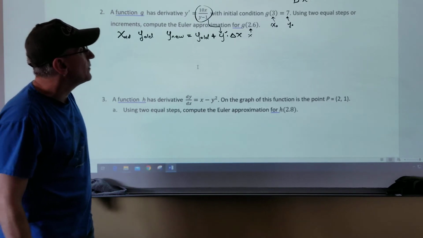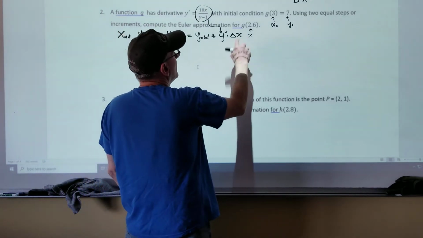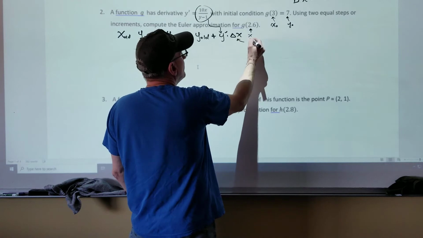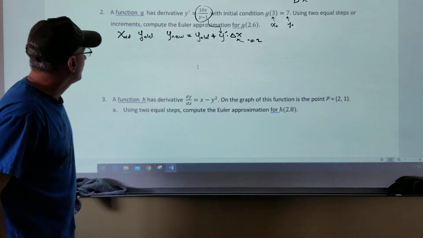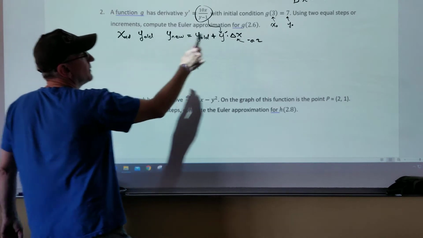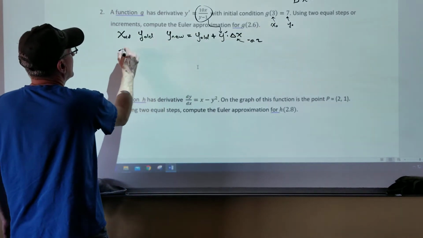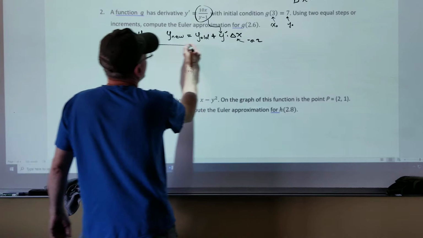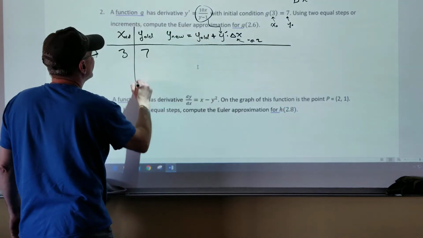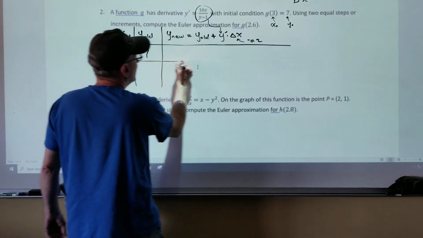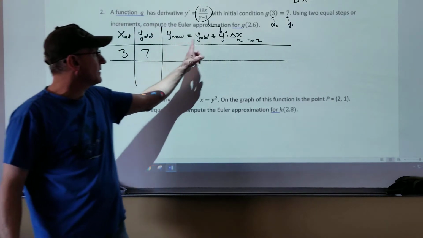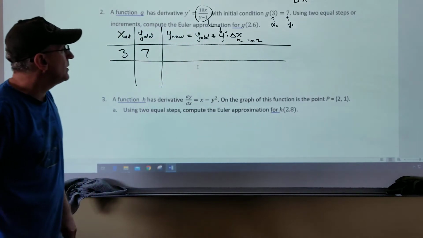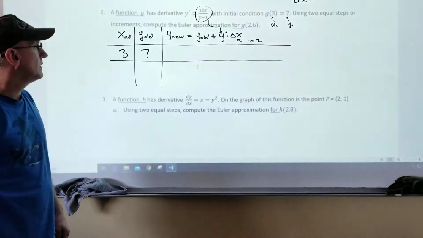Also keep in mind that our step in every case needs to be negative 0.2. Okay? So we'll fill up this table with the 3 and the 7 to get it started, often called an initial condition.